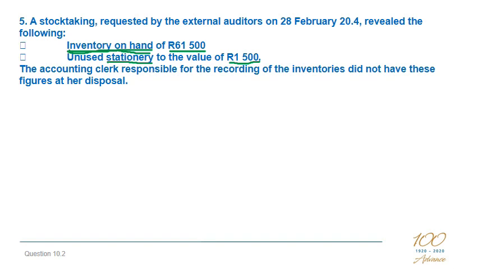Let's first deal with the inventory on hand, with the merchandise. In my pre-adjustment trial balance, I had a value for inventory of 65,000. I had adjustments to this 65,000. So I had additional information items that influenced the inventory.